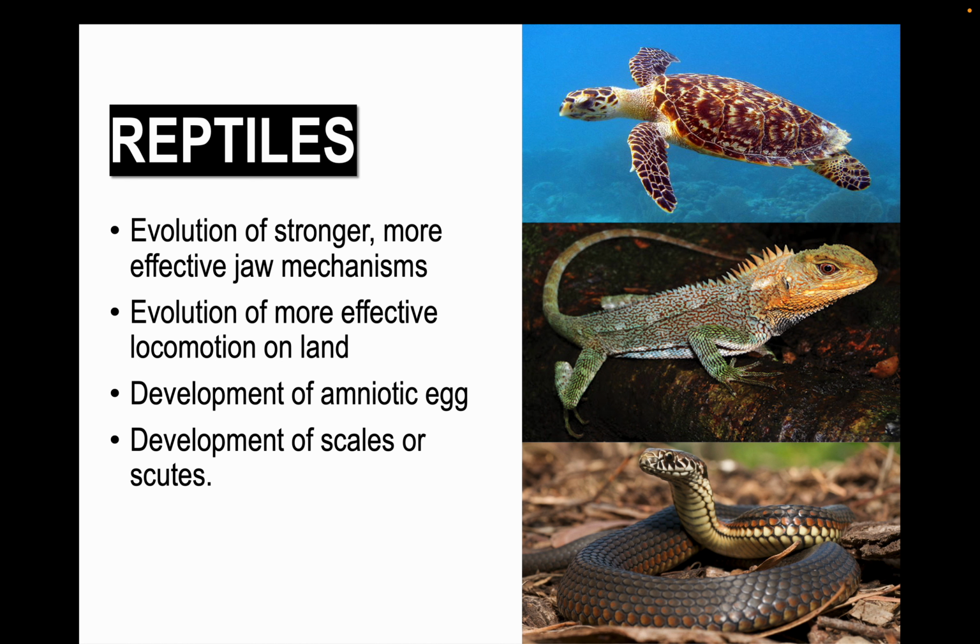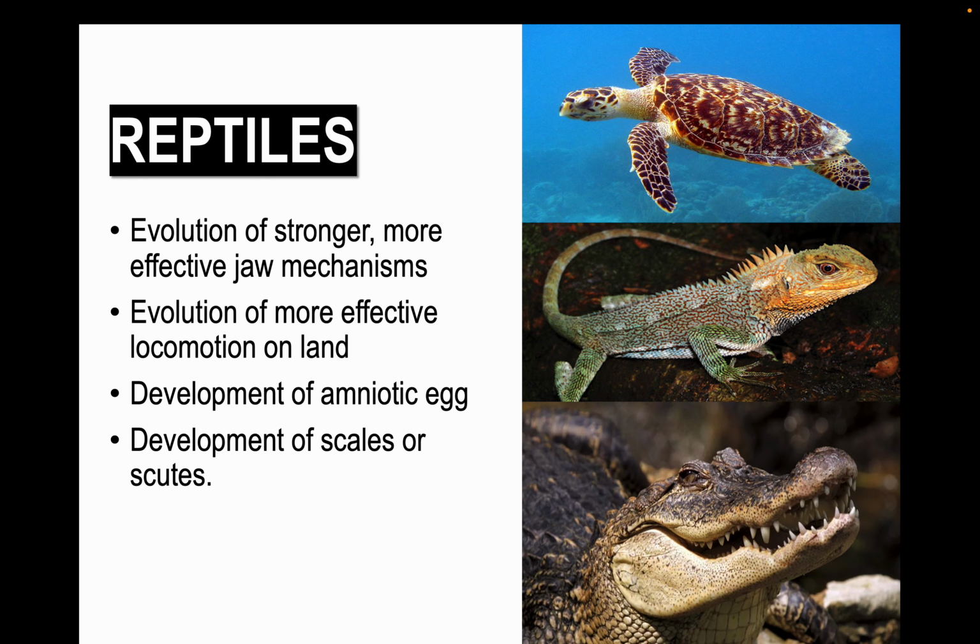Characteristic among reptiles is the presence of epidermal modifications such as scales in snakes and scutes in reptiles such as turtles, those that are members of the chelonians.